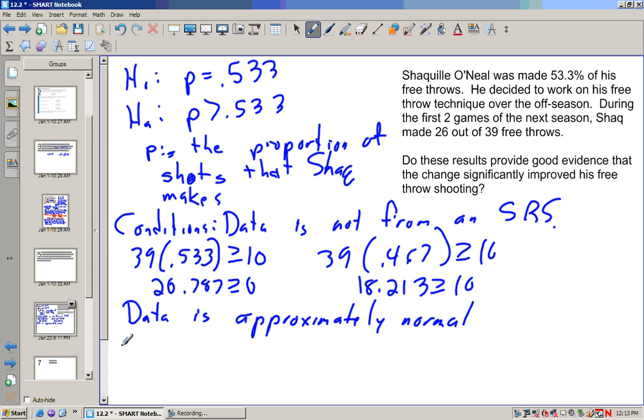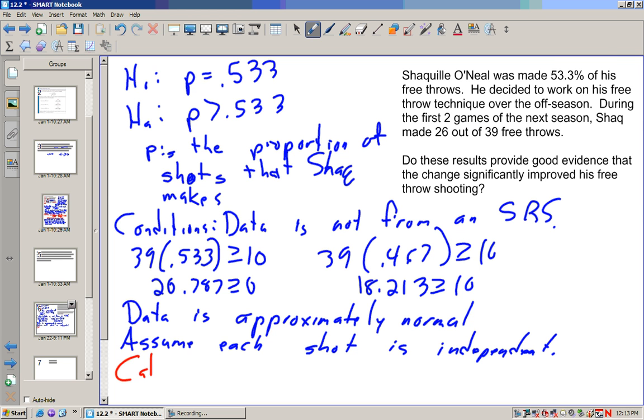So we have to assume each shot is independent. Now we don't have to see that the population is 10 times bigger than the sample, because it just doesn't make sense that he can shoot over 390 shots. It just doesn't make sense in this particular situation.